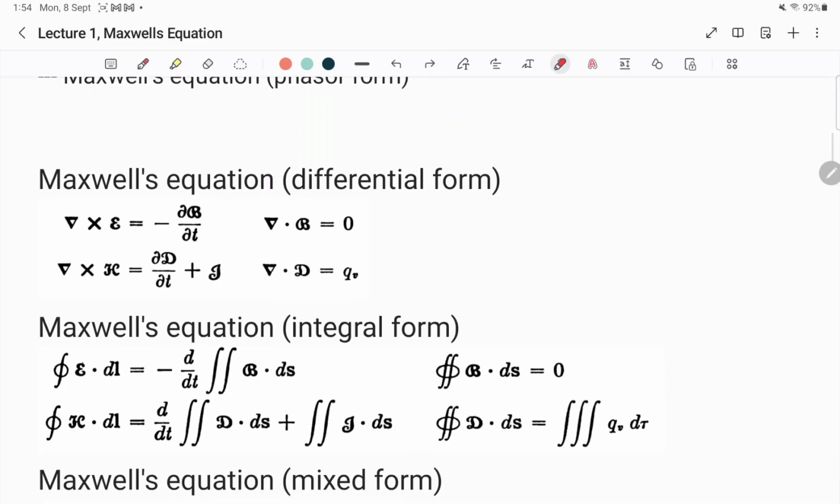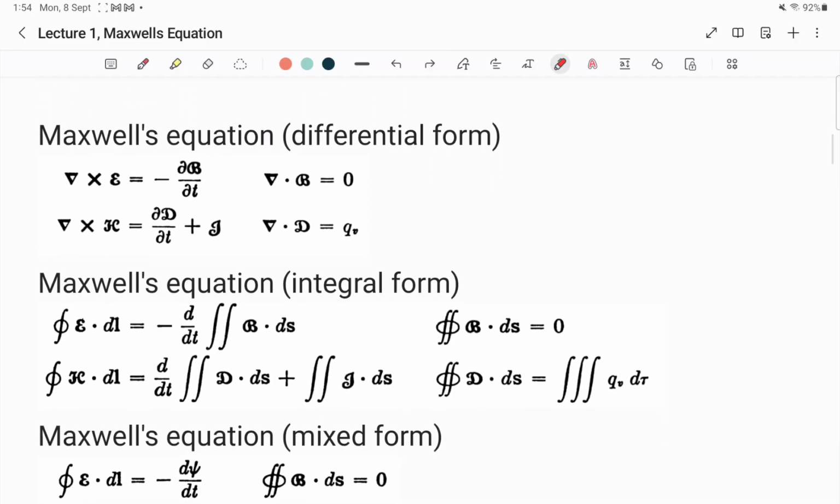Before starting, I would like to show you all these forms. This is Maxwell's equation in differential form. This is the first equation, second, third and fourth. So these 4 equations constitute Maxwell's equation in differential form. Why differential form?